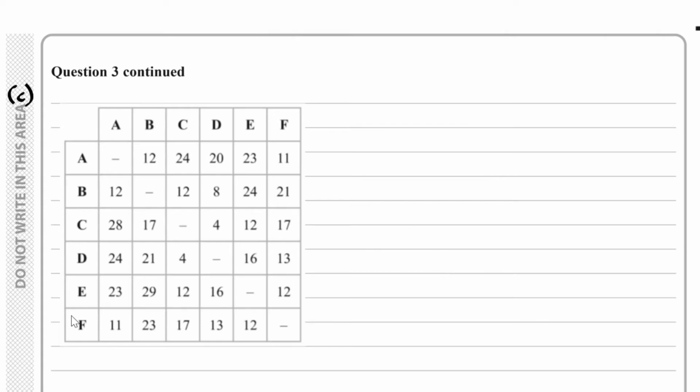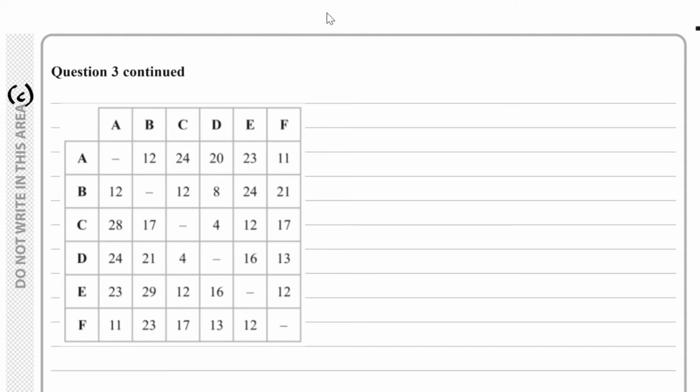Well, here is a copy of Table 3, and what you will notice is A to C, that's 24, whereas C to A, that's 28. So this is a question where we have to apply the algorithm by reading across the rows instead of the columns.